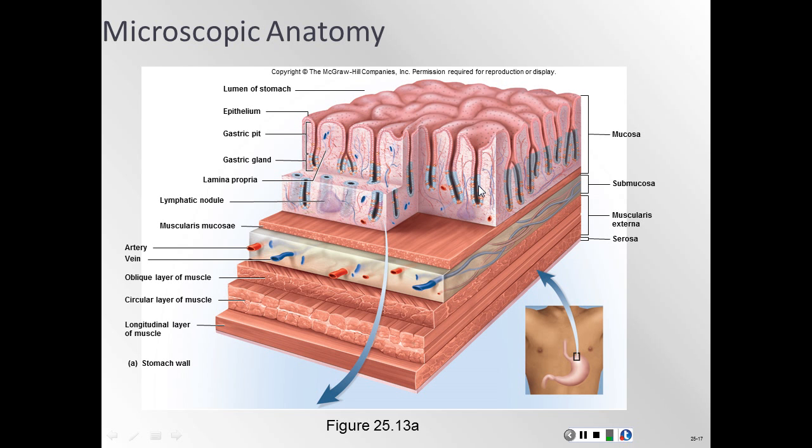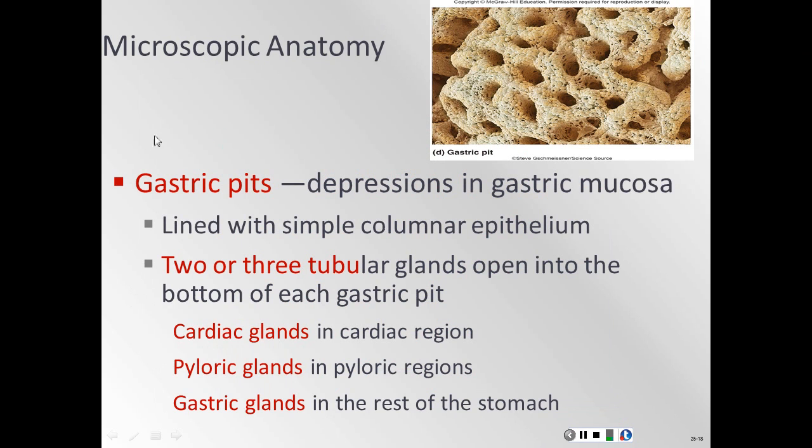Now, in the rest of the stomach, they're called gastric glands. In the cardiac and the pyloric regions, they are called cardiac glands and pyloric glands, respectively. So here are the pits that I was referring to.